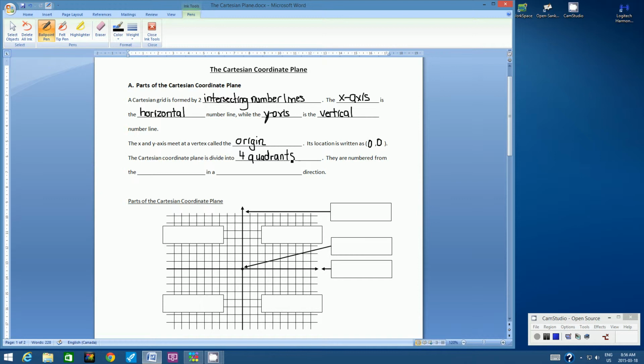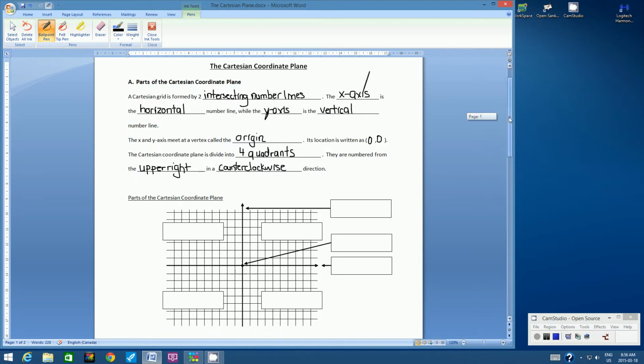They are numbered from the upper right in a counterclockwise direction. What we're going to do is take those two paragraphs, that part of the note, and see how it looks on this diagram.